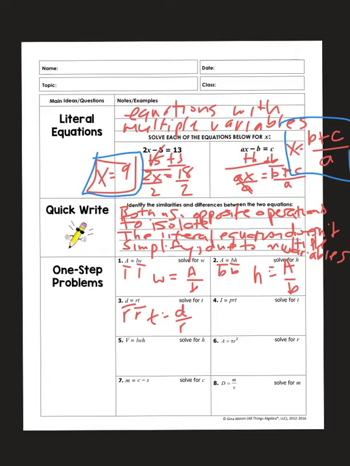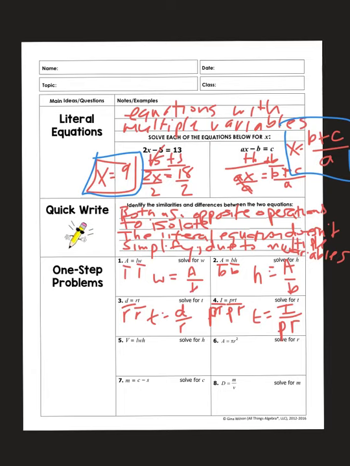Solve for T. Well, P and R are both being multiplied by T. So what if instead of doing it separately, we just did it all at once. Let's just go ahead and divide both things out. So t equals I divided by PR.